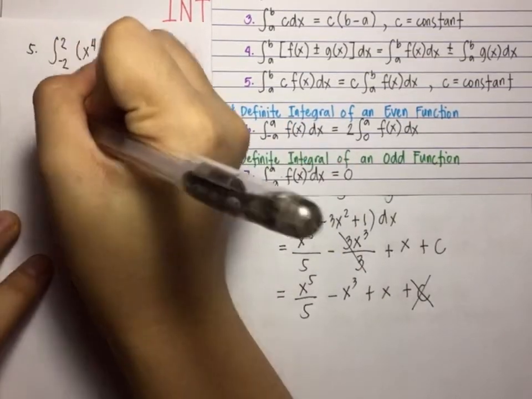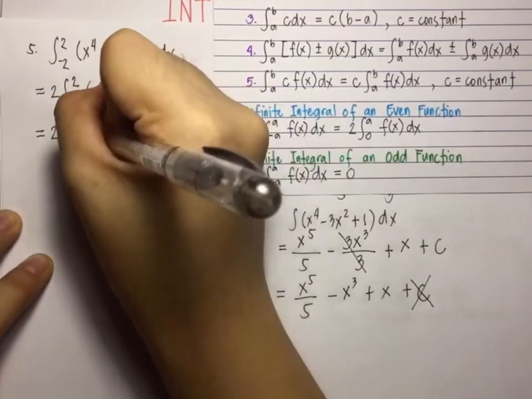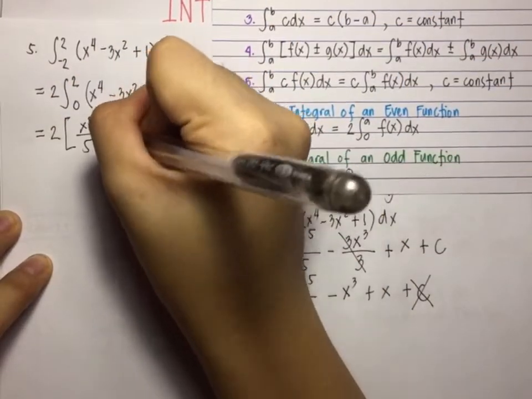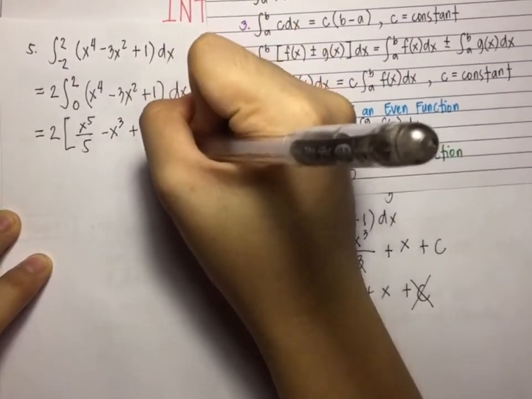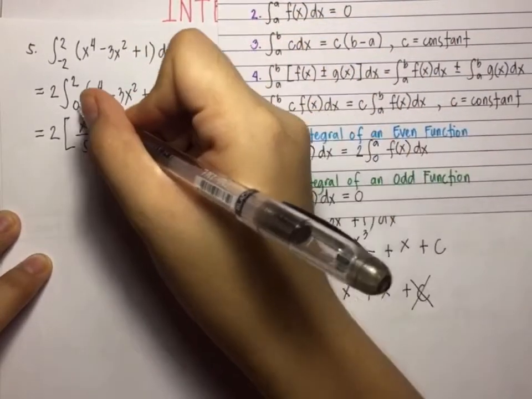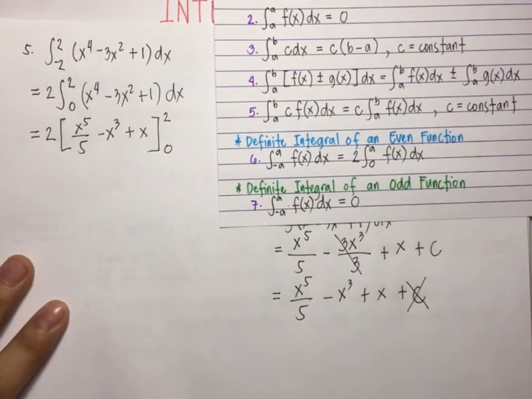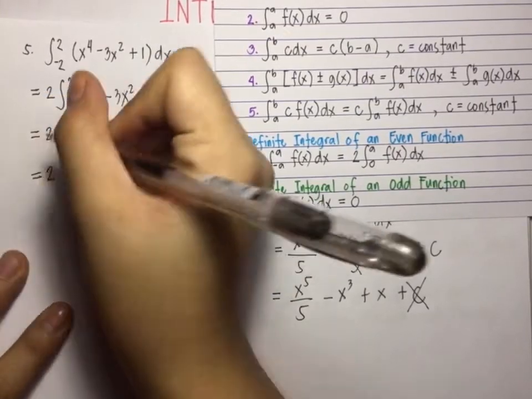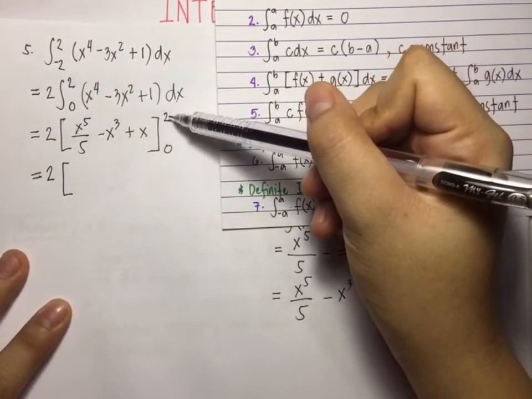So we copy 2, then x raised to 5 over 5 minus x cubed plus x. Then copy the value of our upper limit, which is 2, and our lower limit, which is 0. Then apply the fundamental theorem of calculus. So this is equal to 2. Replace x with the value of b, which is 2.